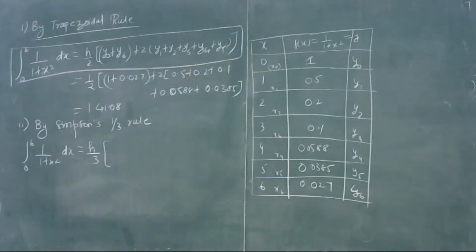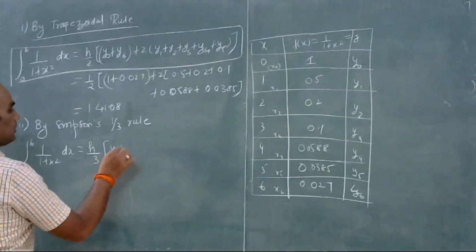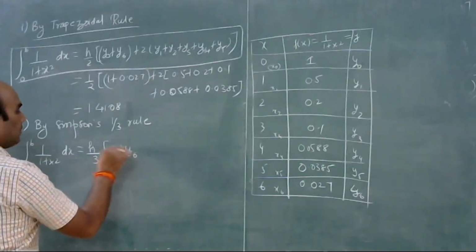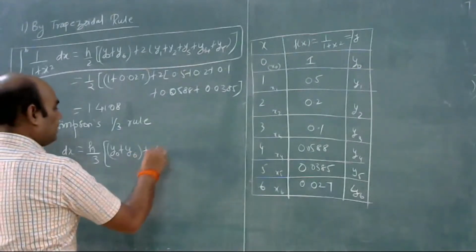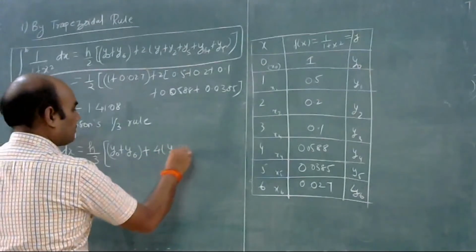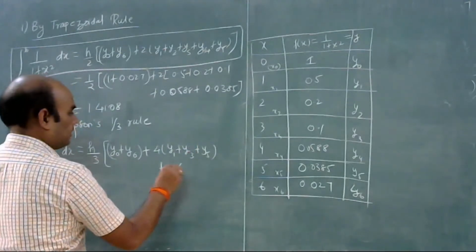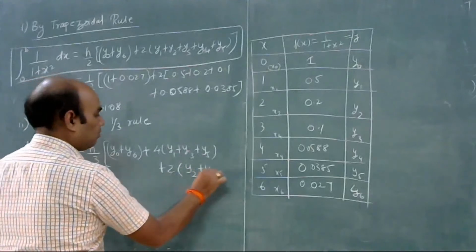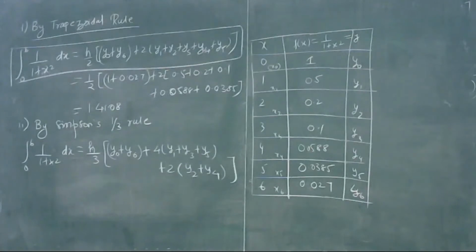Again, first term and last term, so this is y0 plus y6, plus 4 times the odd terms y1, y3 and y5, plus twice the even terms y2 and y4. Okay, so this is the formula.